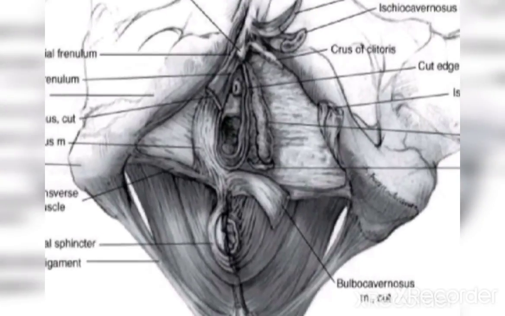the perineal space. Here is the pubic symphysis at the front and the coccyx at the back. This is anterior and this is posterior.